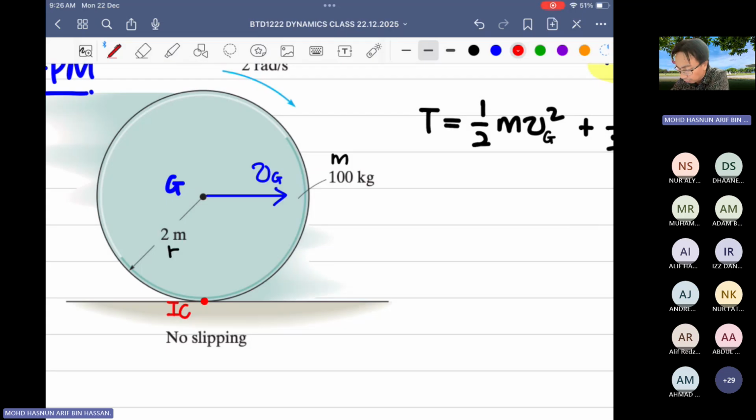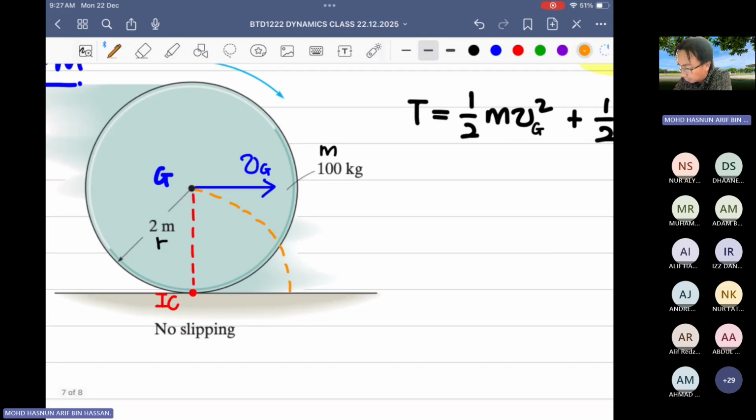We did this before, I showed this in the previous chapter. Because we know the bottom is the location of IC, point G is basically rotating about this point. IC becomes a center of rotation, like a fixed point.